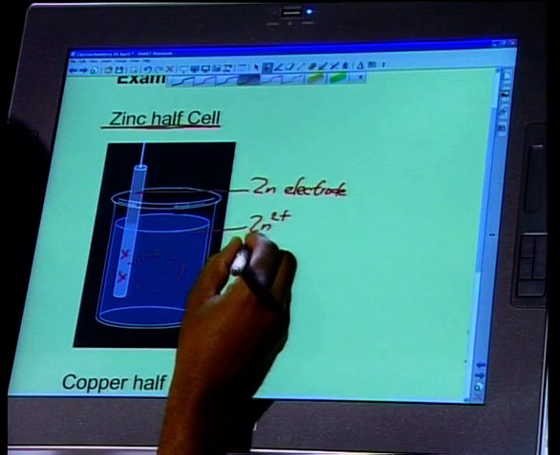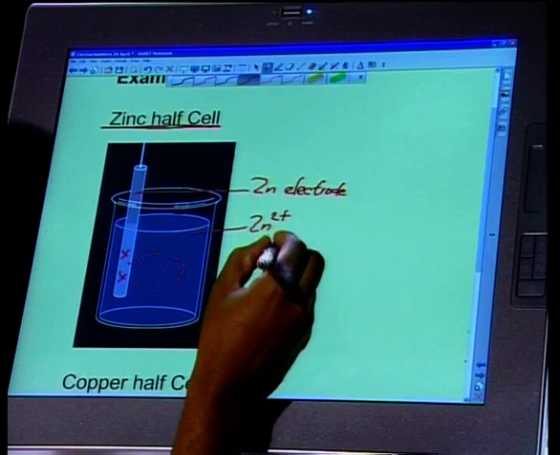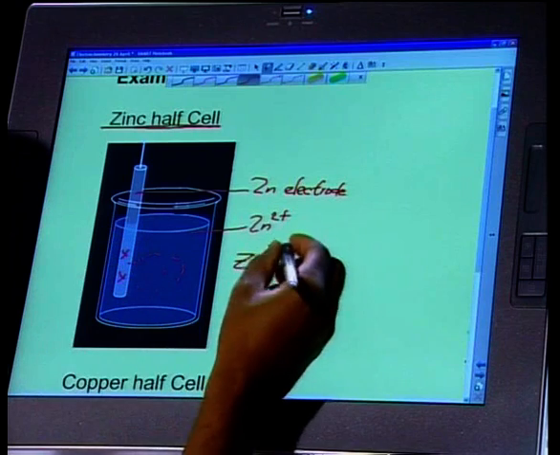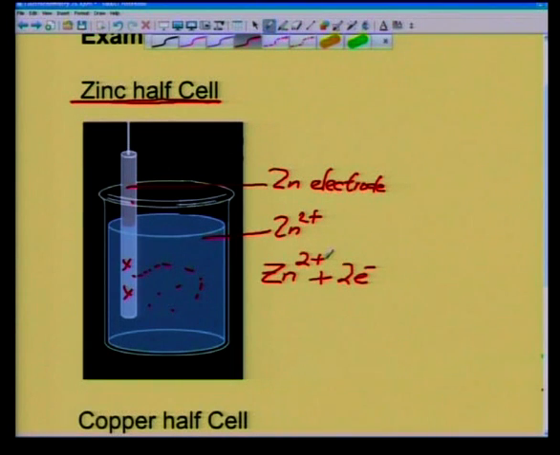The reaction is such that the 2 electrons are received by the zinc 2+ ions in the solution to give us the zinc atoms. But at the same time, we have got the zinc atoms losing electrons to give us the zinc 2+ ions.